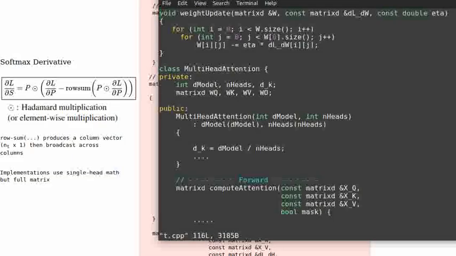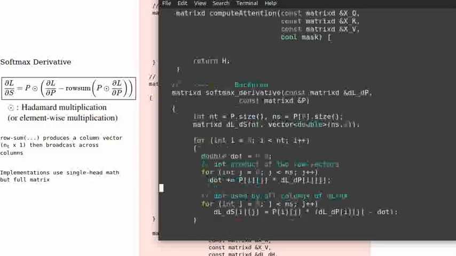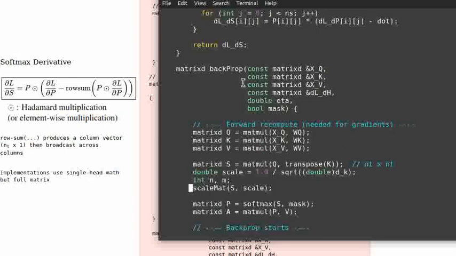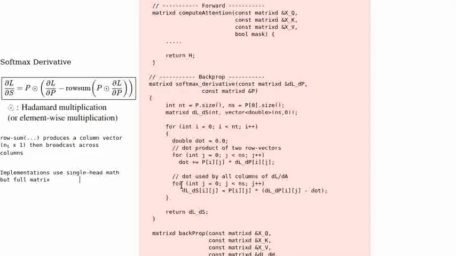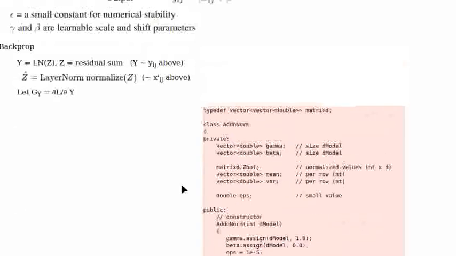So this is the code we were discussing, and this is the backprop function with these inputs xq, xk, xv, dl, dh, eta, and the mask, which could be true or false. Now let's reference the formulas we discussed earlier about multi-head attention.